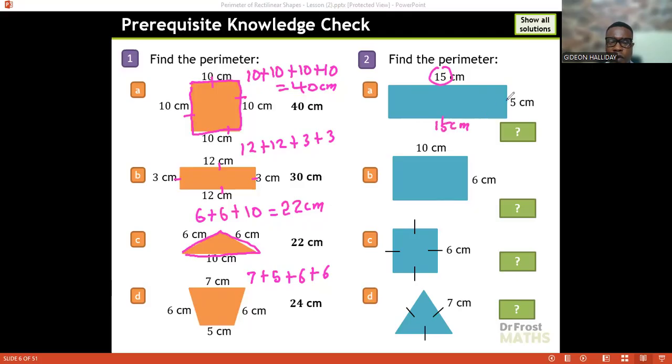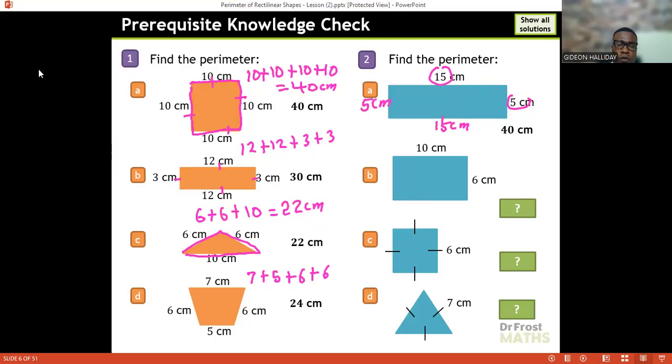So if this place is 5, this will also be 5 centimeters. So you're good to go. So that gives you 15 plus 15 plus 5 plus 5. So 15 plus 15 is 30. 5 plus 5 is 10. 30 plus 10 is 40. So that's 40 centimeters.